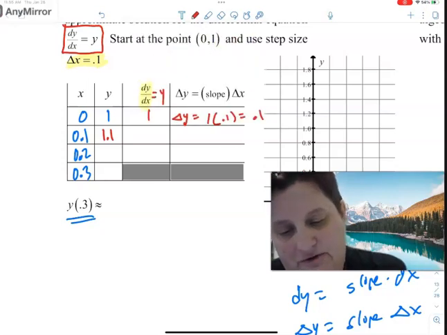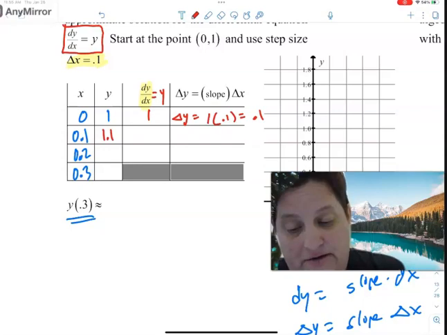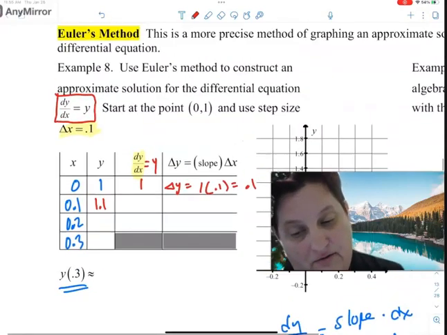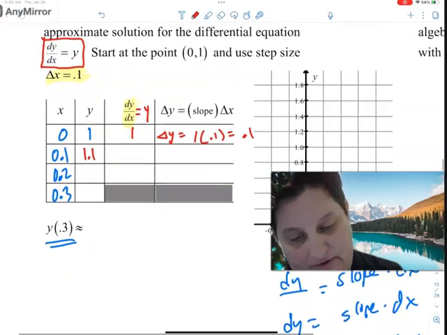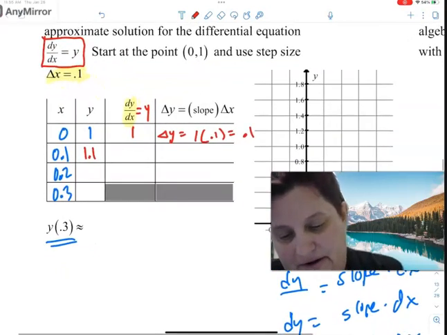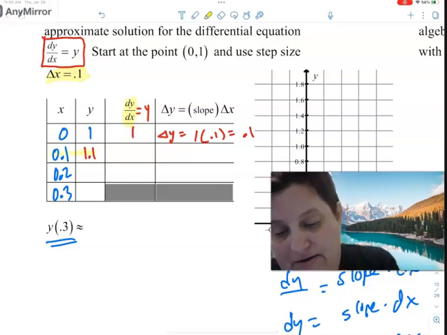All right, here's my next one. dy dx, the derivative at that point. This graph is here so we can look at what we're doing. I'll show you guys that in a minute. The derivative at this point right here is y, so the derivative is 1.1.